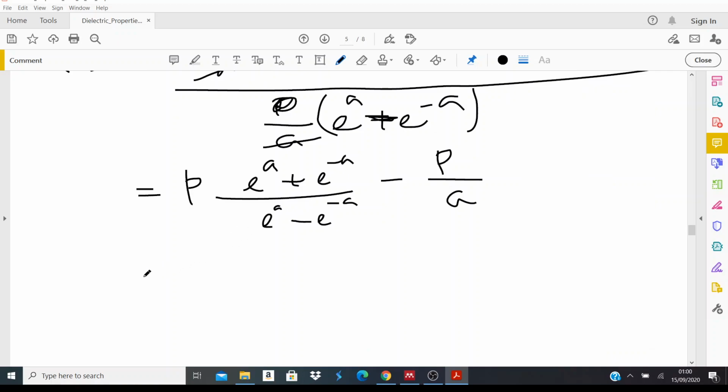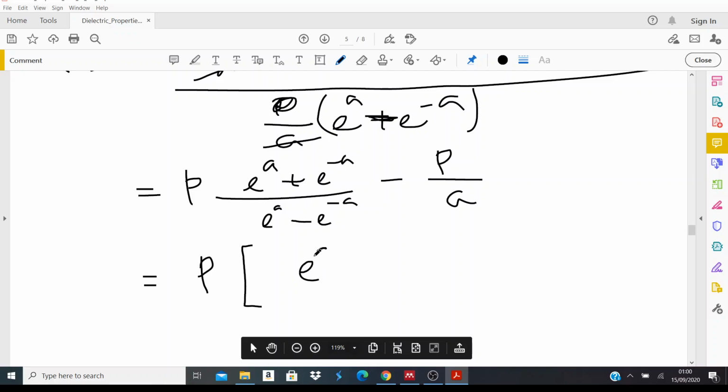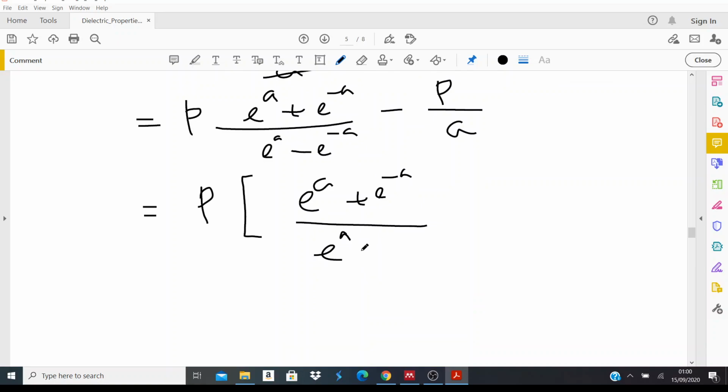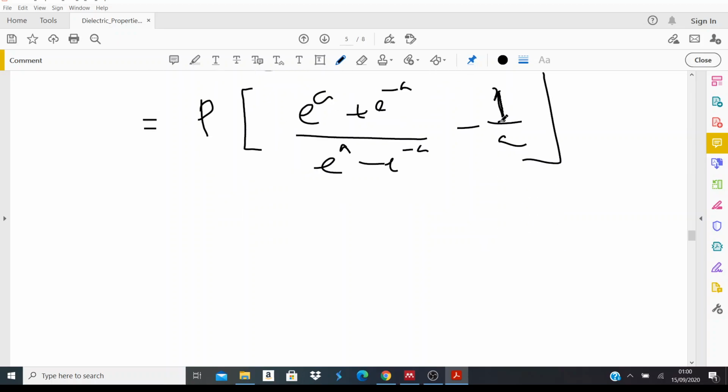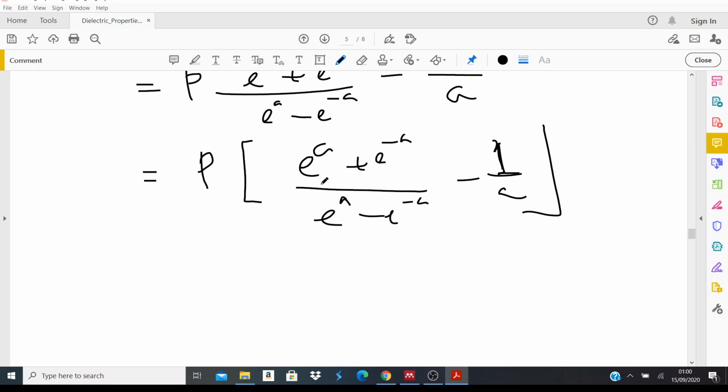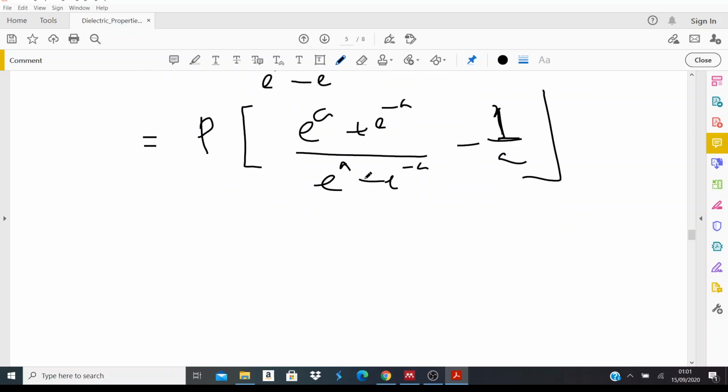And you can see, if you take the p common, we have p times this ratio minus 1 by a. And this is nothing but our Langevin function that I have discussed, because this expression you can write out using your trigonometric basics as the coth hyperbolic function. So that's like coth of a minus 1 by a.